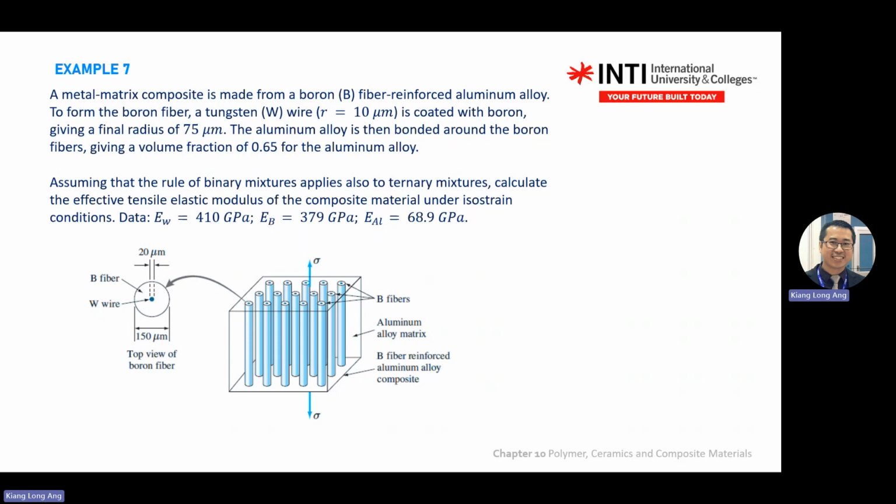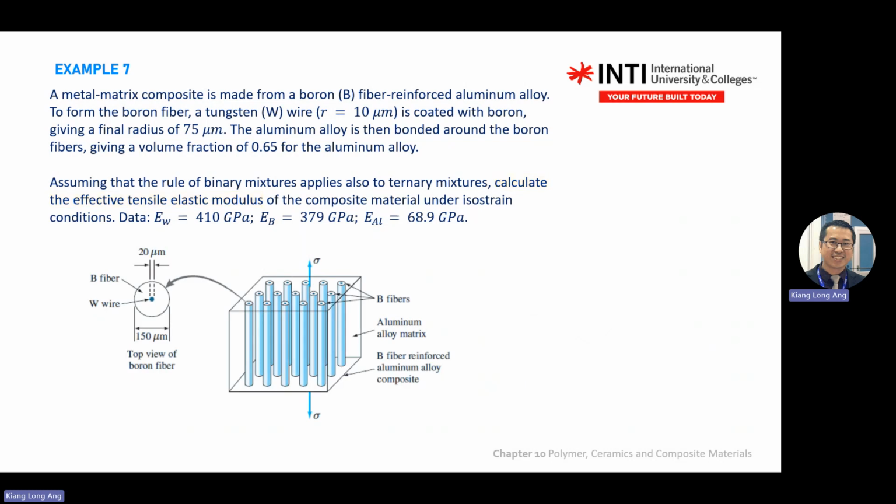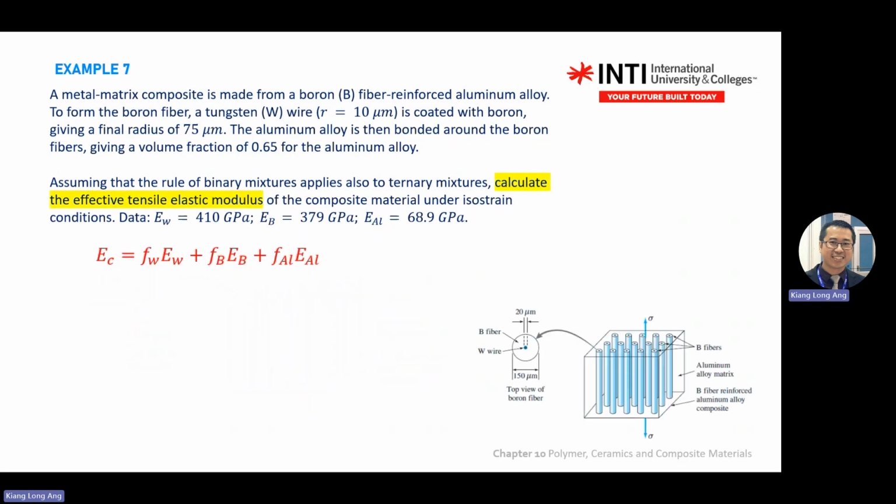All right. Okay. So the question just now is here. Then I highlight the thing. So what do you do? You have three materials. The rule only applies for two materials, but this question has three materials. You have a W wire, the fiber, and the aluminum matrix. Your fiber has two: one is W, one is B. So to continue, you need to calculate this one.